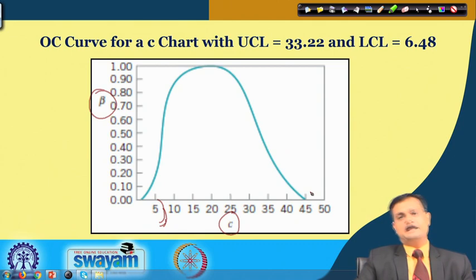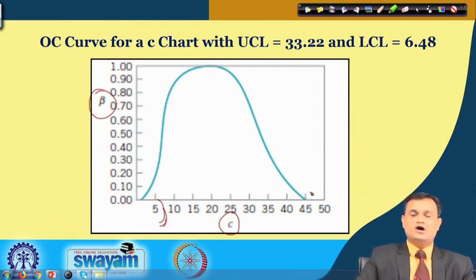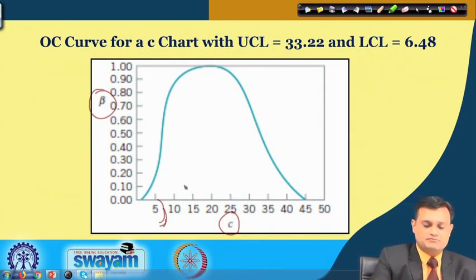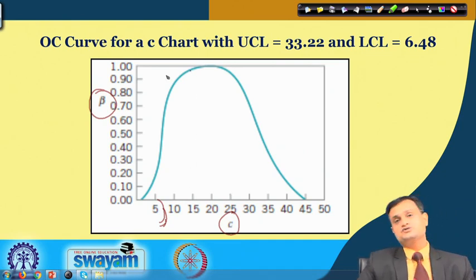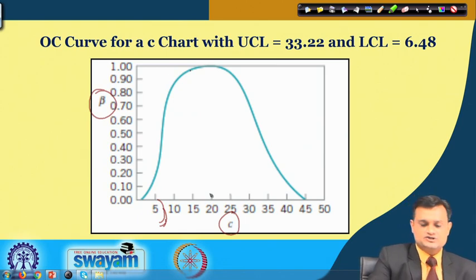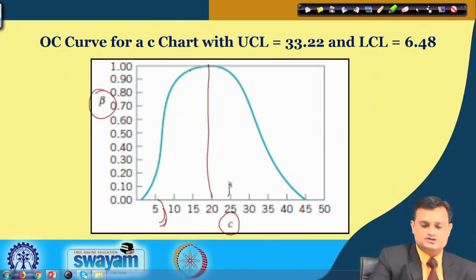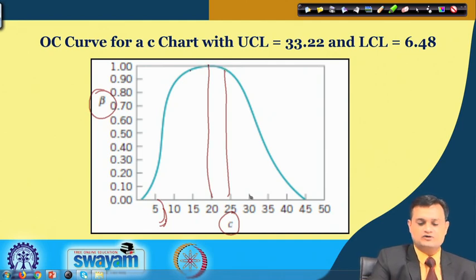Now again, this will tell me, or as a quality manager I will get the idea that, suppose I have the number of non-conformities up to 10 or 15, then my type 2 error is very high. If it is 20, it is very high. If it is 25, it is going down. If it is 30, 35, 40.